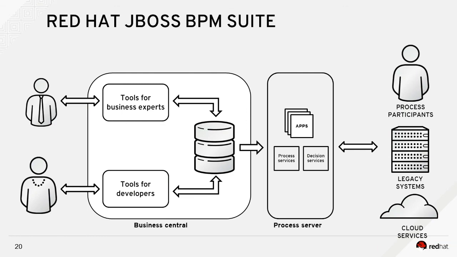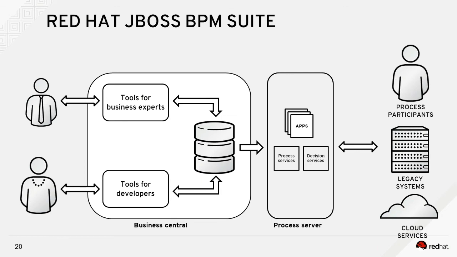Just a quick overview. I wanted to give you some understanding of where we are at Red Hat in terms of providing these technologies. As I mentioned, everything we do is open source. We do offer a product, BPM Suite, that is very much positioned as an application development platform. And it's designed to bring together business experts and developers. So we have a design environment called Business Central.